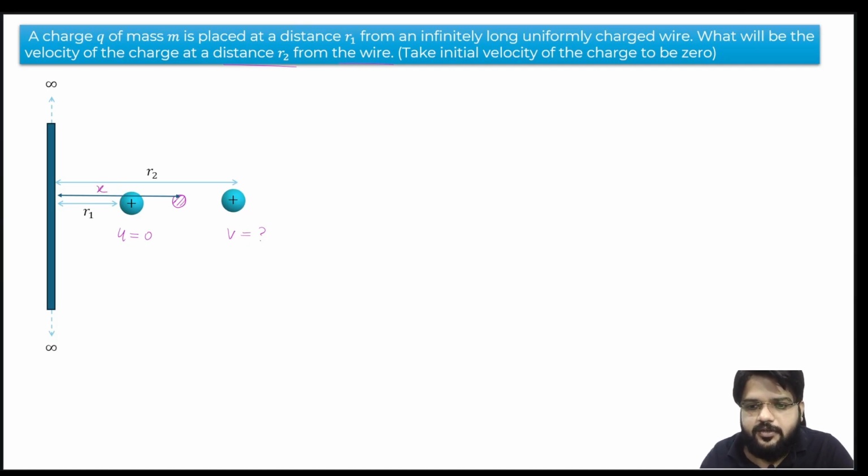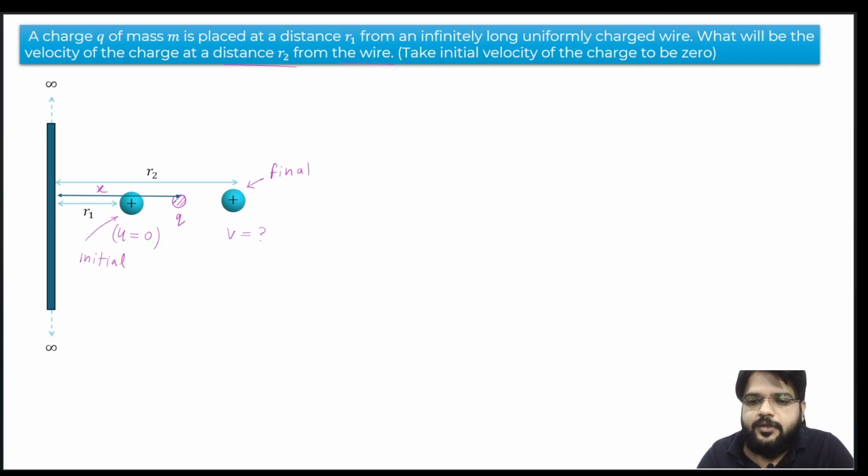All right. And now the next thing is, this is the initial position, where velocity of the particle is 0, and this is the final position. So this charged particle is present at any t time at this x position.